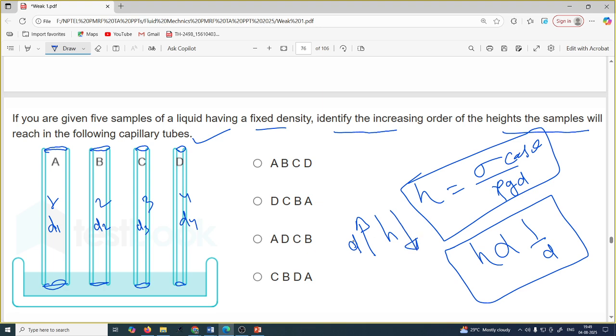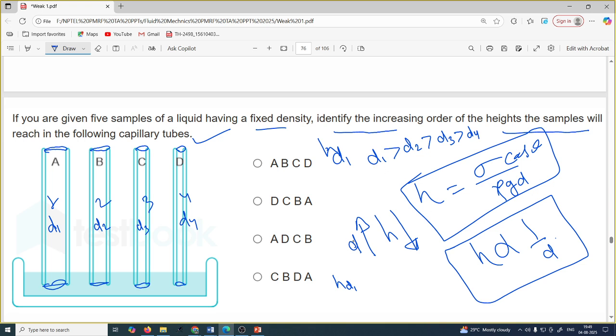As D increases, the height will decrease. As D increases, the height will decrease. So the height of D1, let me write a little bit small: height of D1 is greater than... first D1 greater than D2, greater than D3, greater than D4.